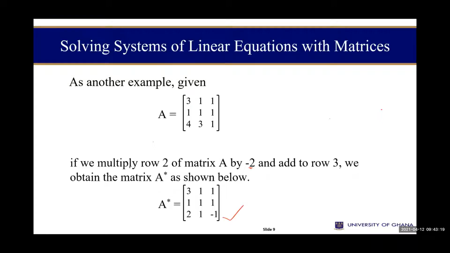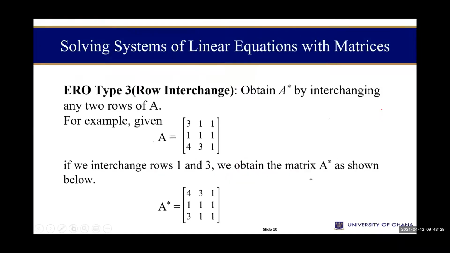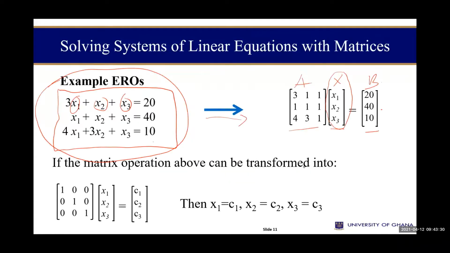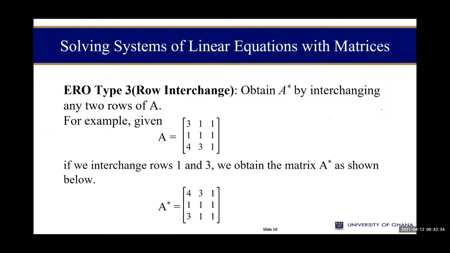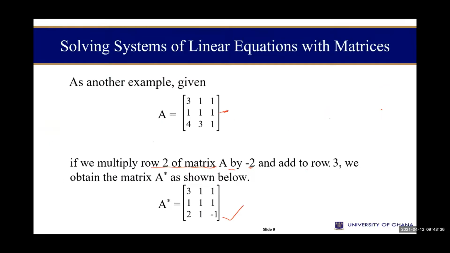So this is what we'll have here. We're saying that we multiply row 2, this is row 2 of matrix A, by -2 and add to row 3. But we are working on what? Row 3. That's my concern. This is what we want to do.